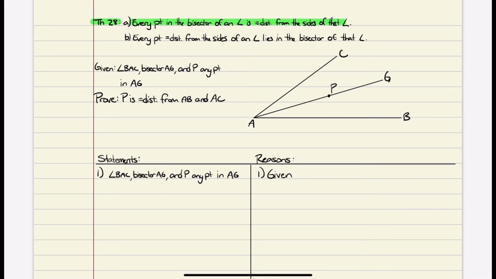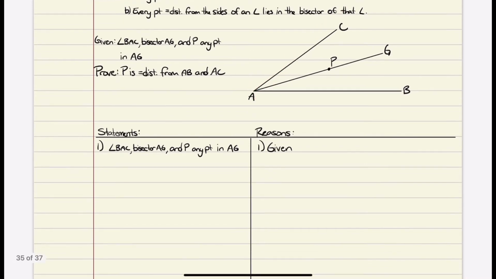Number 2, we already wrote our given down in number 1. Number 2, we're going to draw PD and PE perpendicular to AB and AC respectively. That's just us using our definition of distance there. That's not necessarily the reason why we can do that.